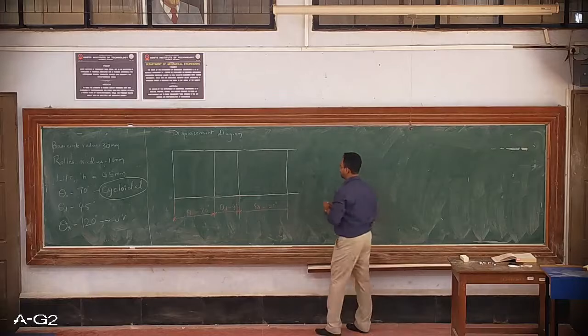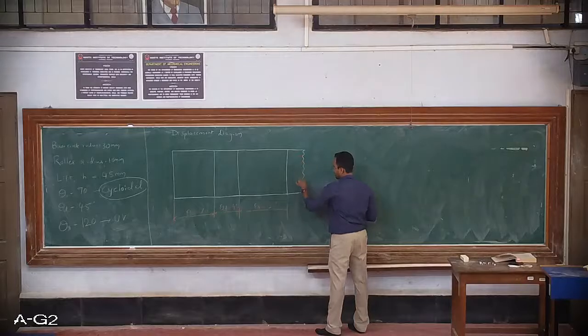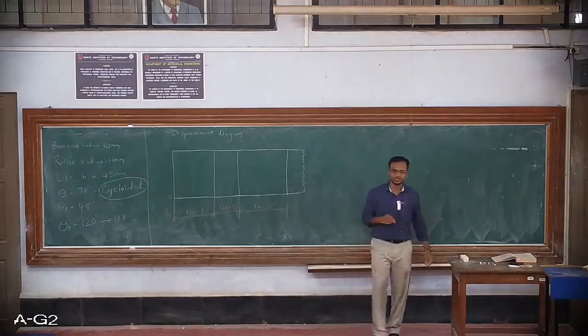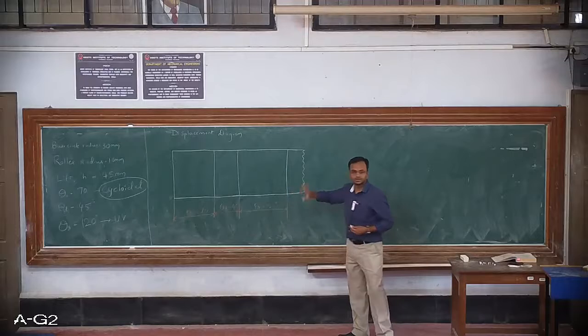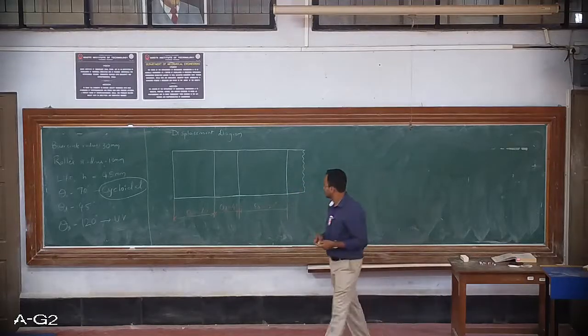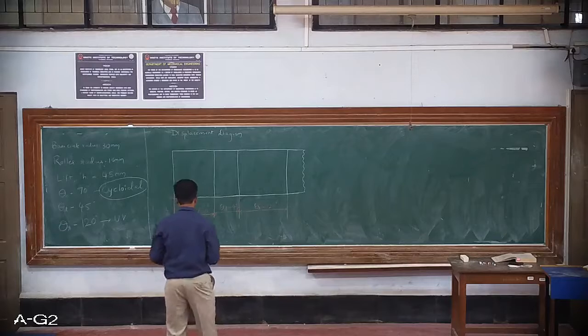Hence, you can just randomly draw up to some length and show a zigzag line over here, which indicates that it is having still further distance, which we are not concerned over here. We are only concerned with the rise stroke, dwell stroke and return stroke.